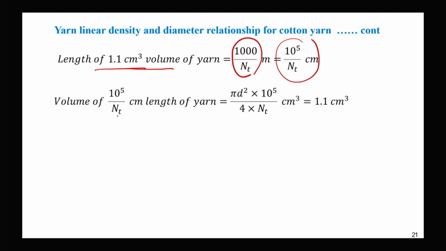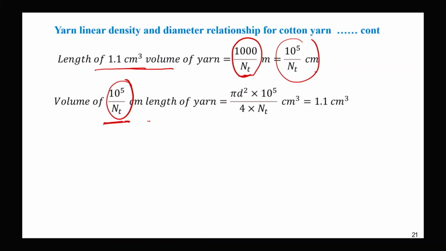So 1000 by N meter means 10 to the power 5 by N centimeter.